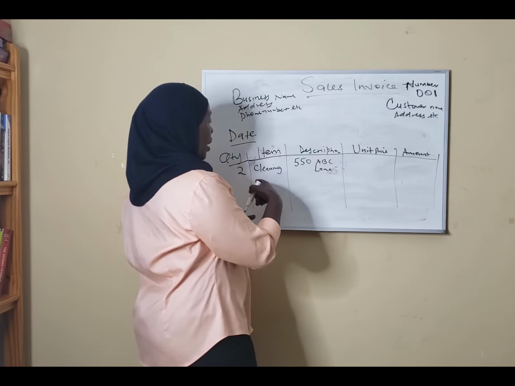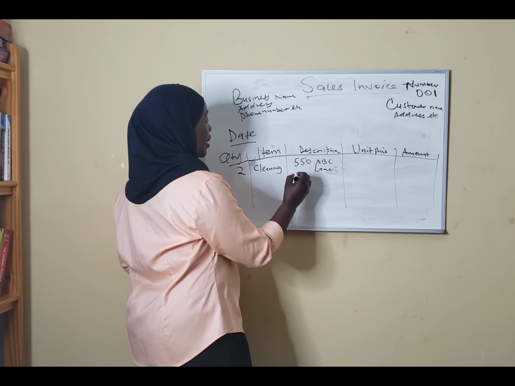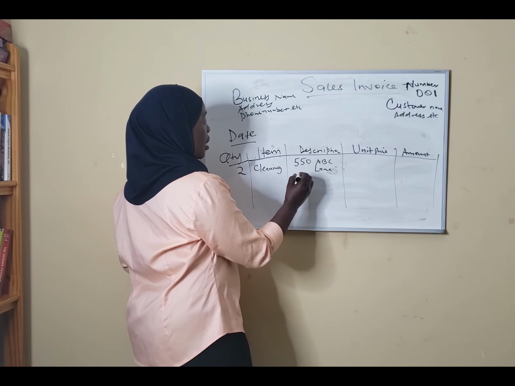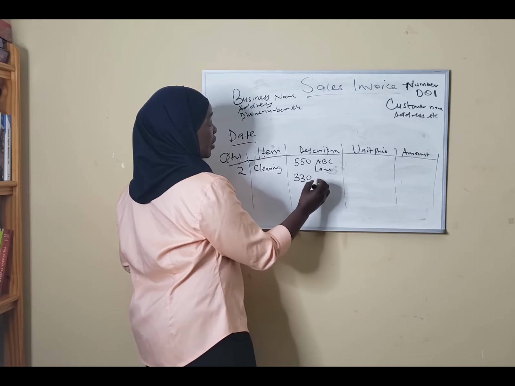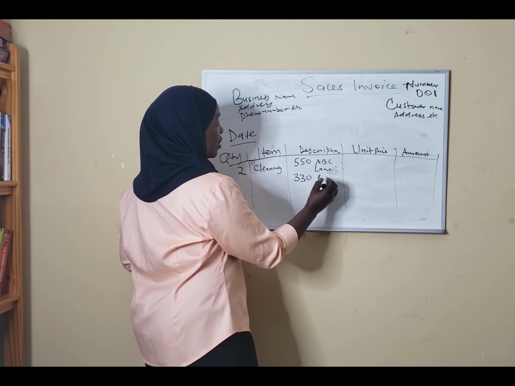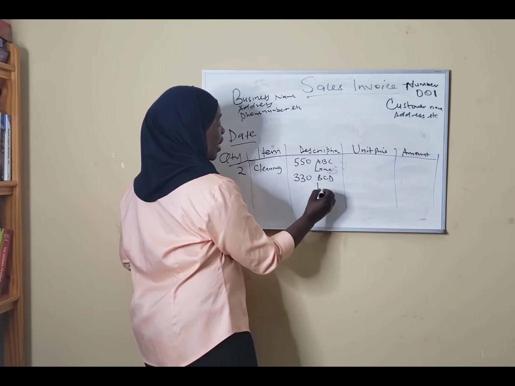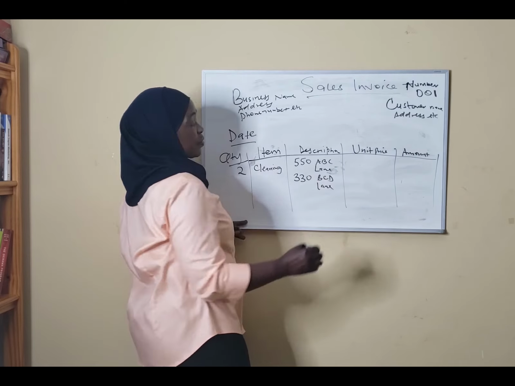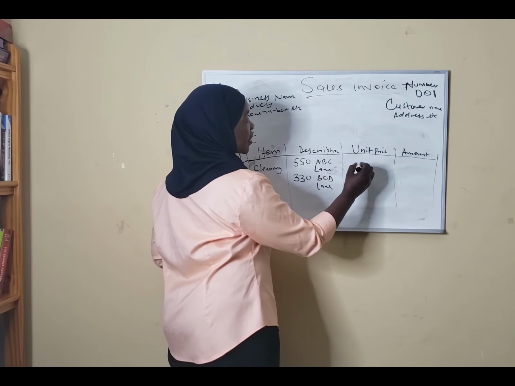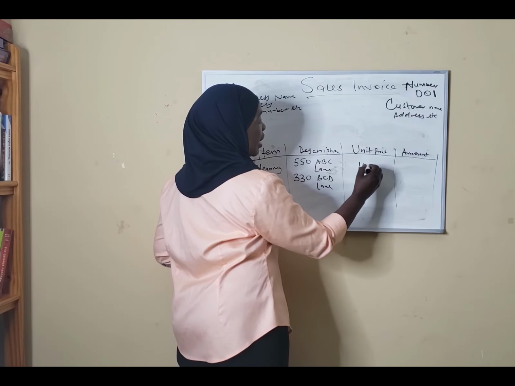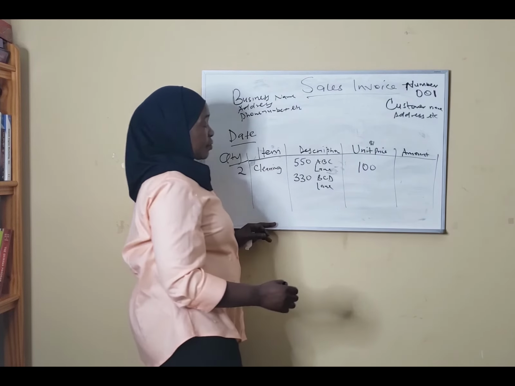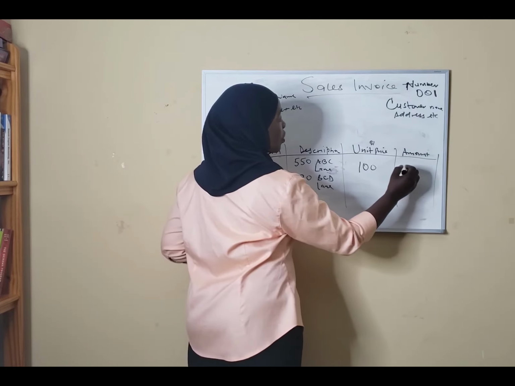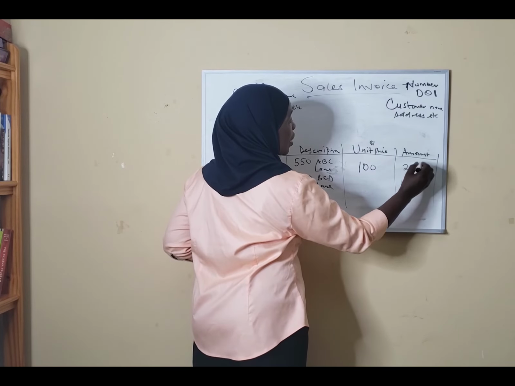And also I cleaned maybe 330 BCD Lane or Avenue. And for each of these homes I cleaned it is $100. So the total is 200.